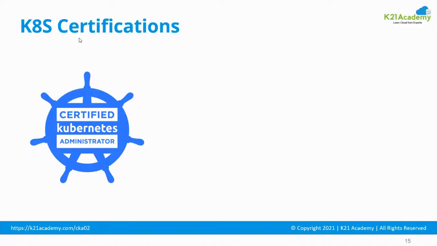The first one, CKA, is highly recommended for anyone working as an architect, or working on administration, application support, testing, or overall management. If you're working on a day-to-day basis with Kubernetes or containers, then you should be picking up CKA. That's my recommendation.